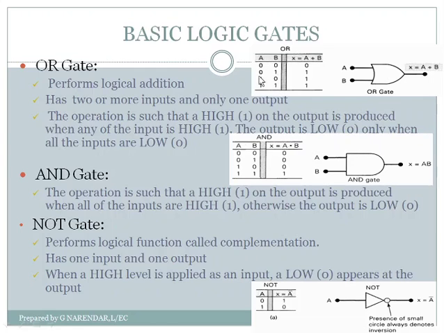So this part gives all possible combinations of the input variables. A can assume either 0 or 1, and when A is 0, B can be either 0 or 1. Similarly, A can assume 1, and when A is 1, B can be either 0 or 1.